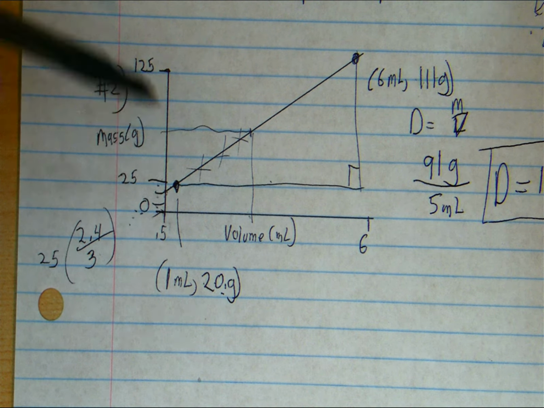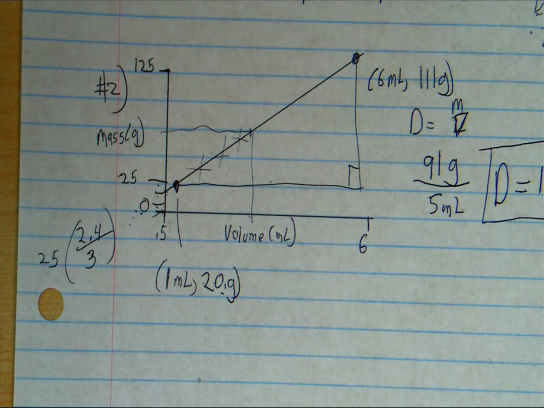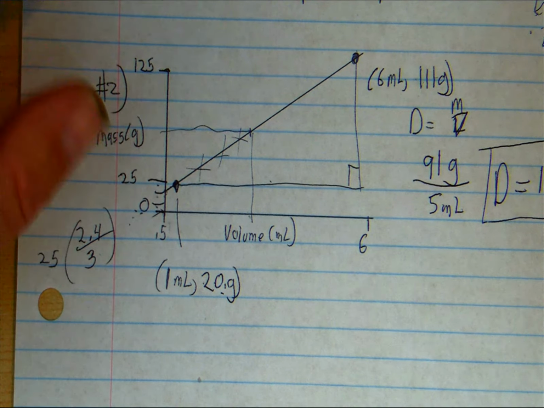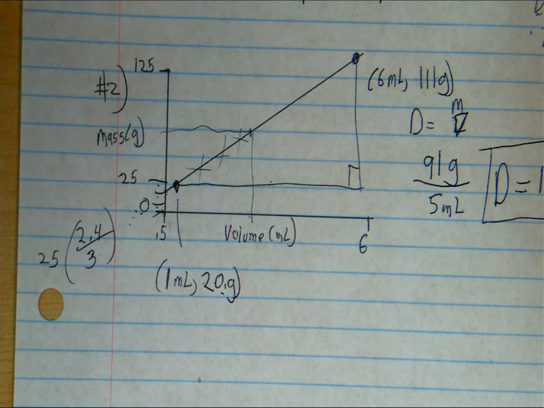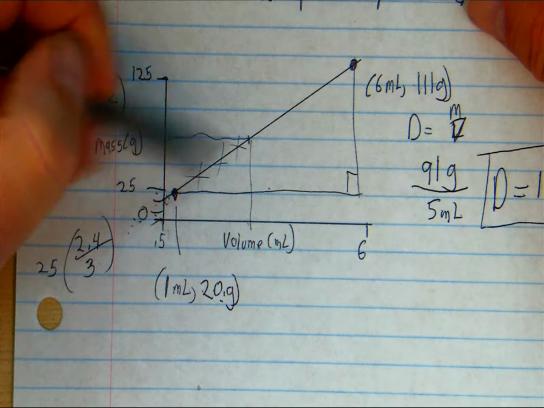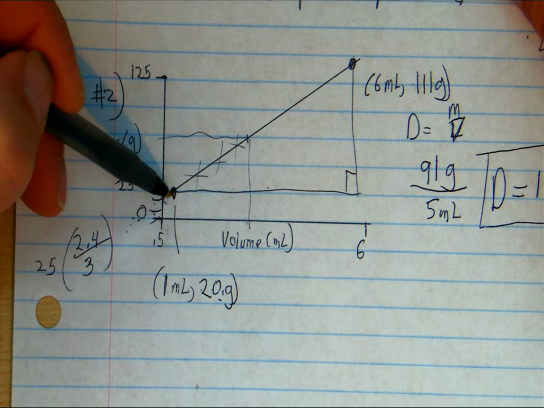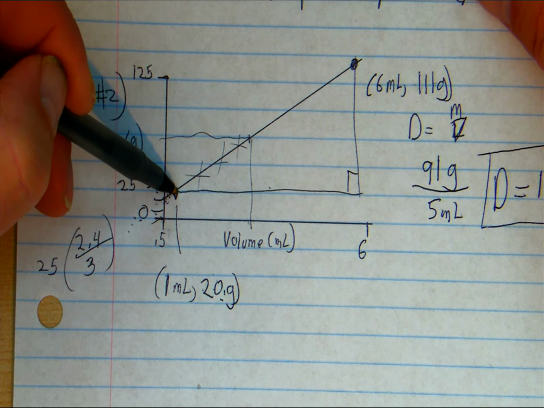So there could be an offset caused by the mass of a container holding this thing, or some other error with the scale. So the proper way to do this is to pick 2 points on the line as far apart as you can and write down your estimated values for those coordinates.